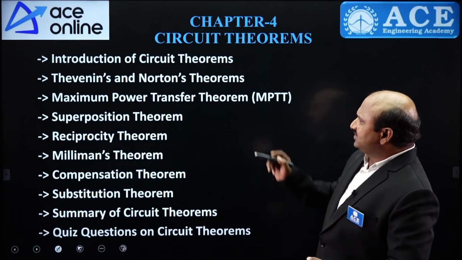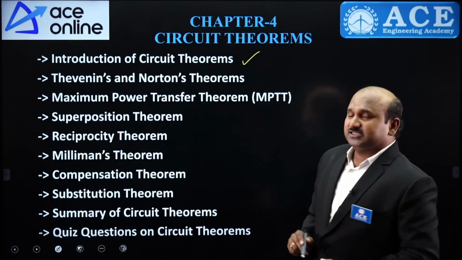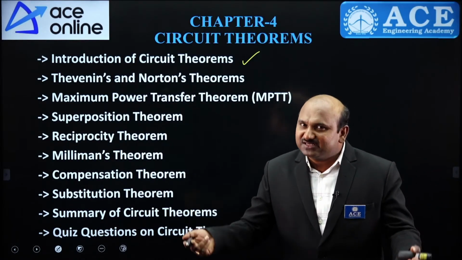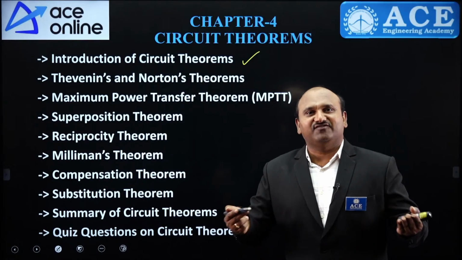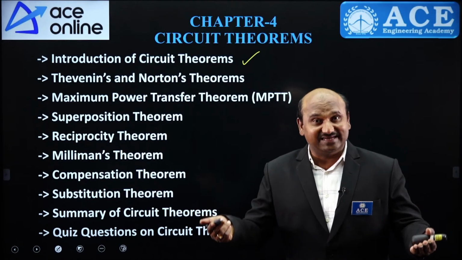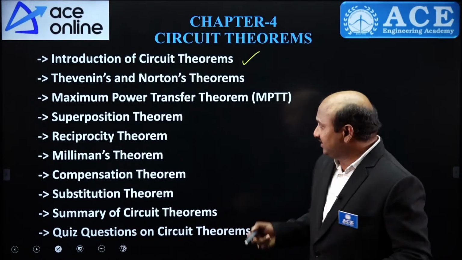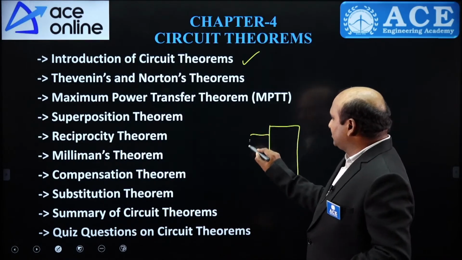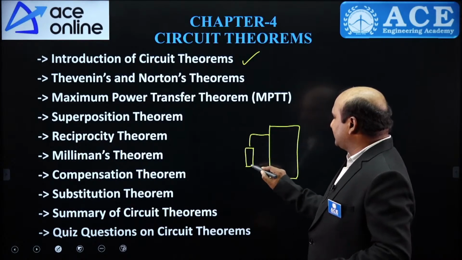Right? Now, in this introduction to circuit theorems, first of all, why are we going for circuit theorems? Circuit theorems are for simplification. What type of network? A complicated network. How do you decide that a network is complicated? Usually, you have a network connected to a load circuit.